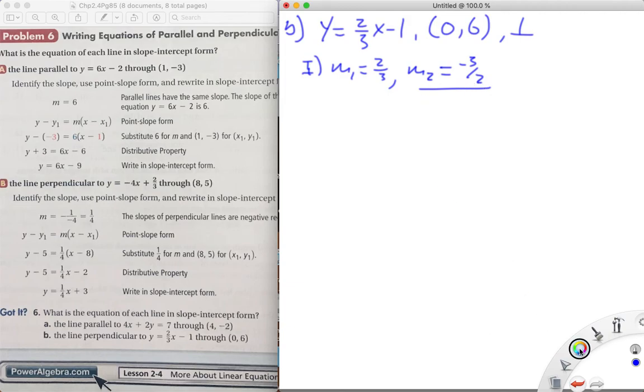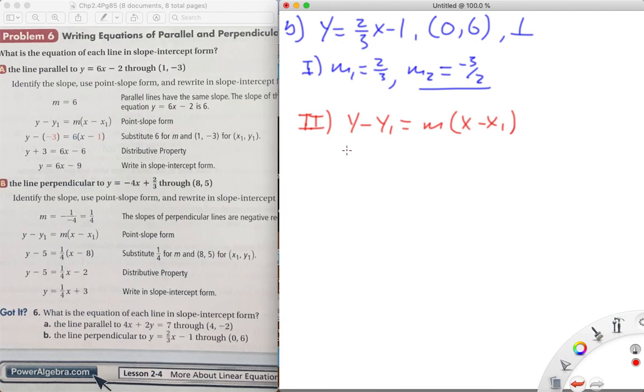Nice. Second step, we can use point slope form, or you can use slope intercept form, doesn't matter which is which. The previous example I did slope intercept form. This example I'll use point slope, which is y minus y1 equals m times x minus x1. Our slope is negative 3/2. Our x and y is 0 and 6.